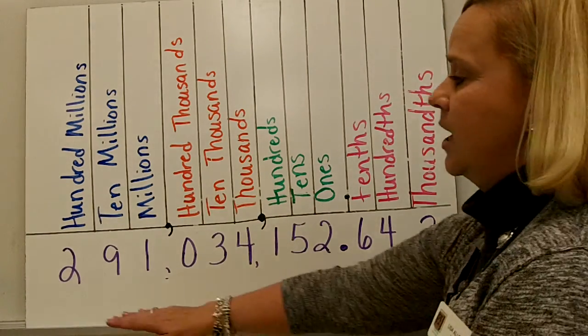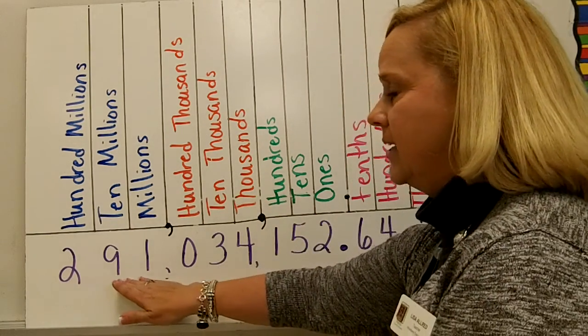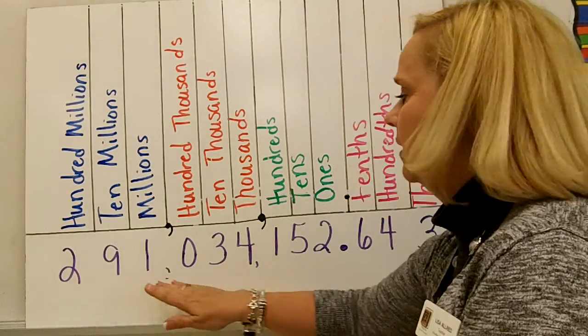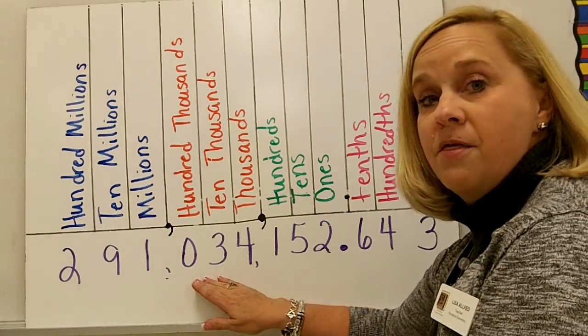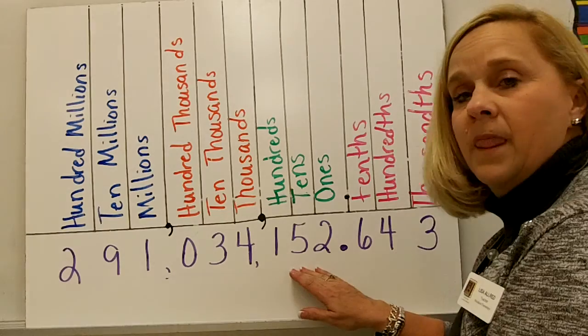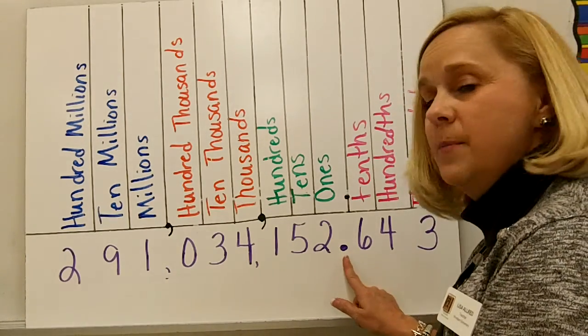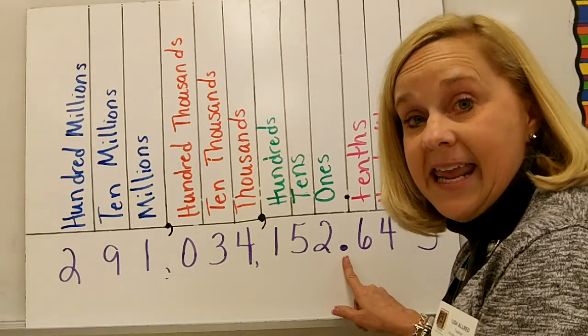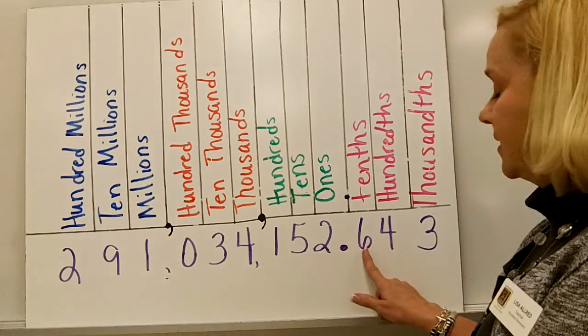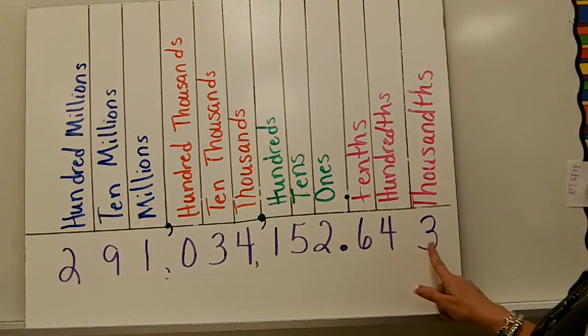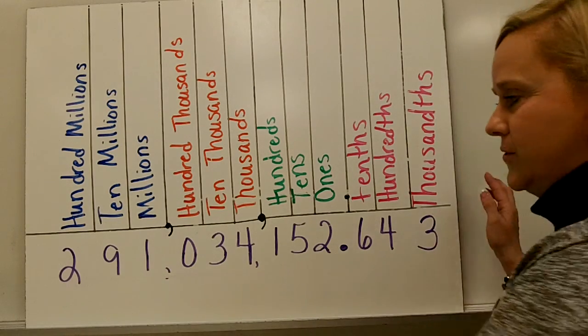And if you look at this number, I have 291,034,152. And when I come to my decimal point, I'm going to use the word and 643 thousandths.